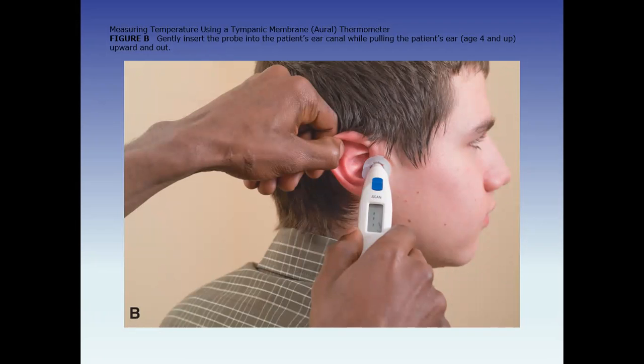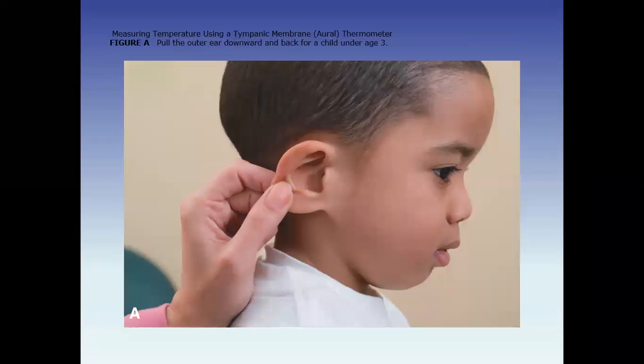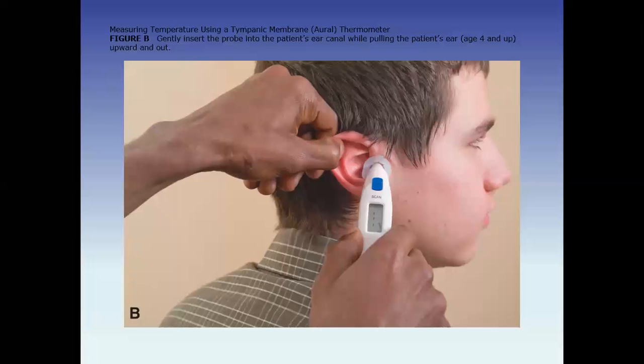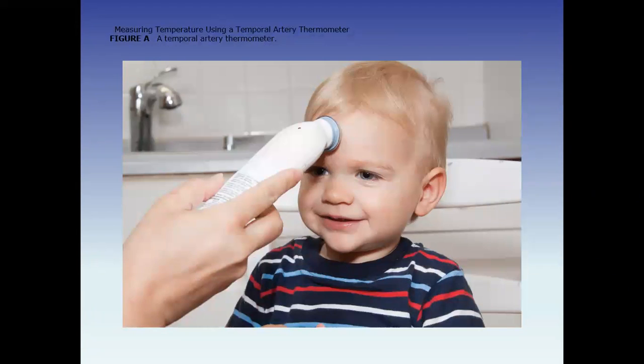So there are 2 different ways: this is for age 4 and up, and the other one was for under the age of 3. And this is the temporal artery thermometer for children or infants.